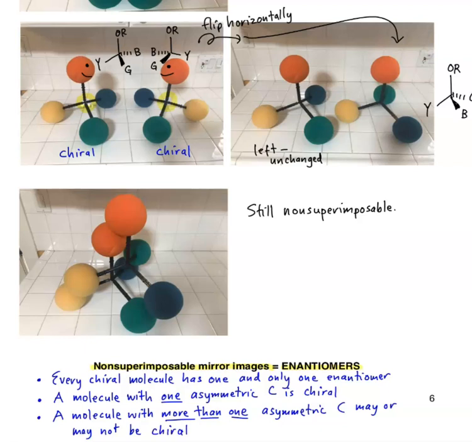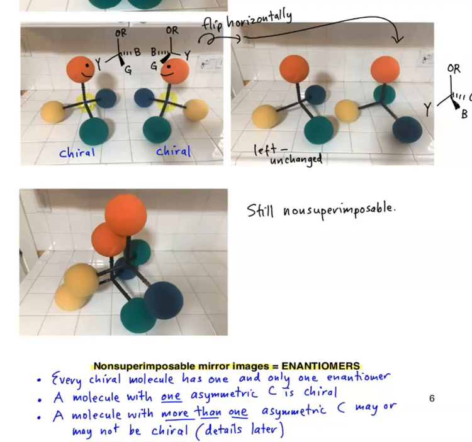So if you have more than one asymmetric carbon in your structure, that may or may not be a chiral molecule. And we'll figure out how to look at things like that a little while later.